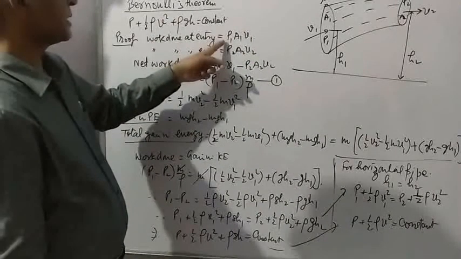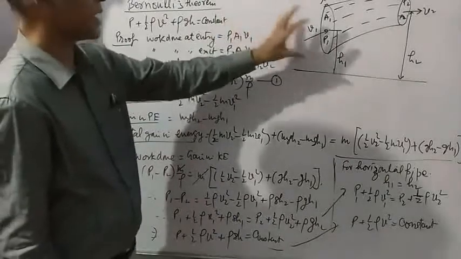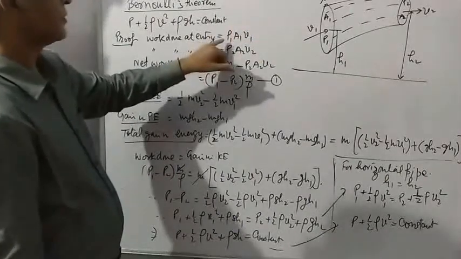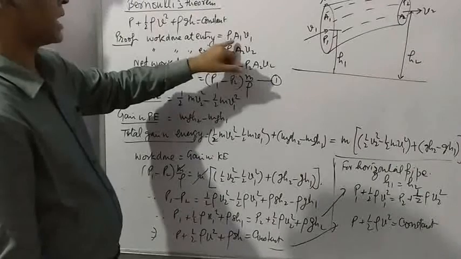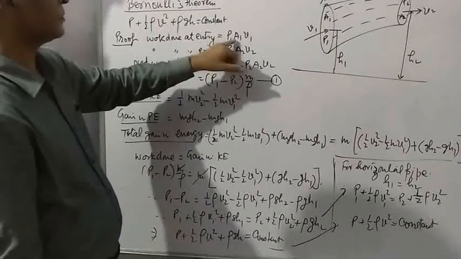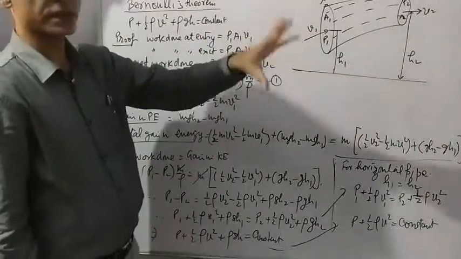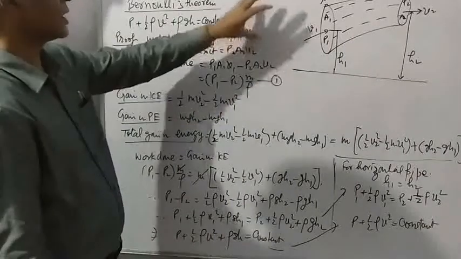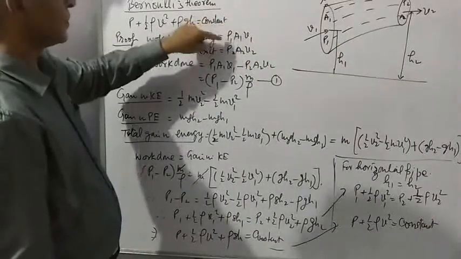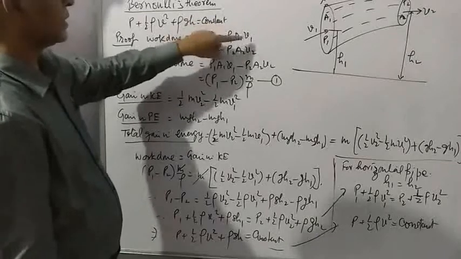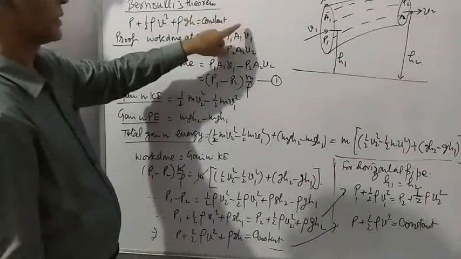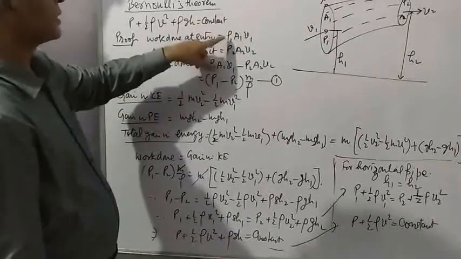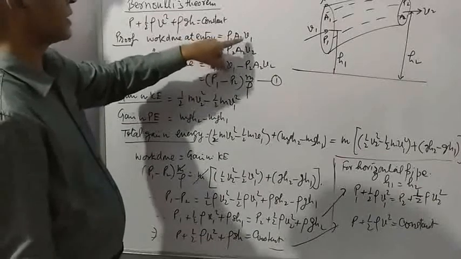And pressure is P1, so force applied will be P1 into A1. I repeat, force is P1 into A1 and distance traveled in 1 second is V1. So work done at entry will be force into displacement. Therefore, work done at entry is P1 A1 V1.